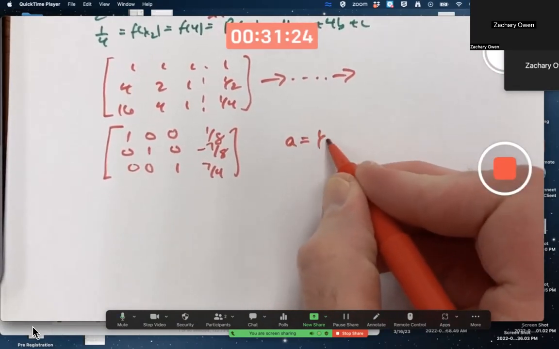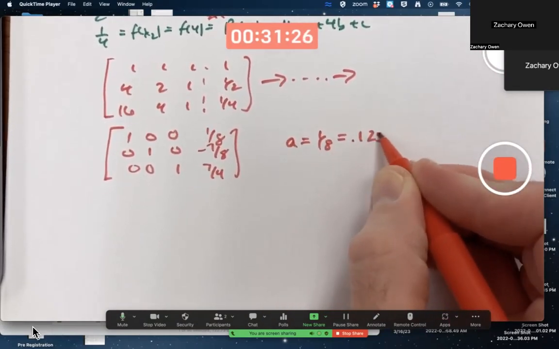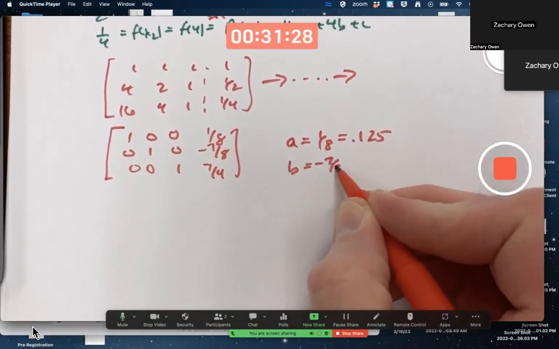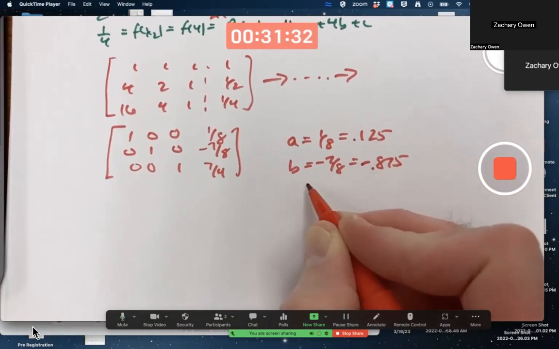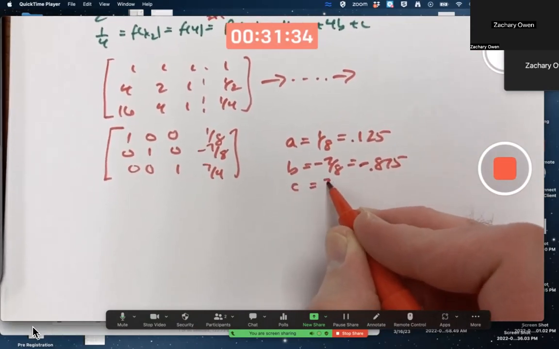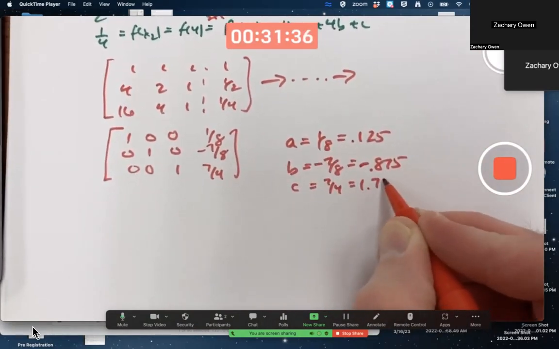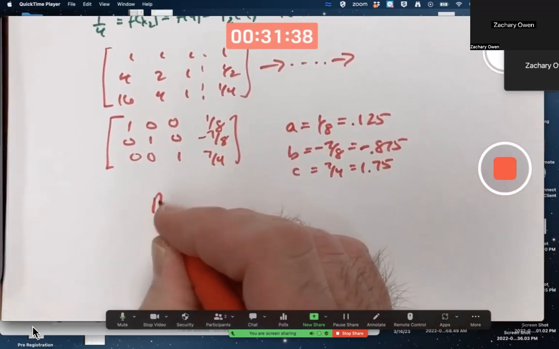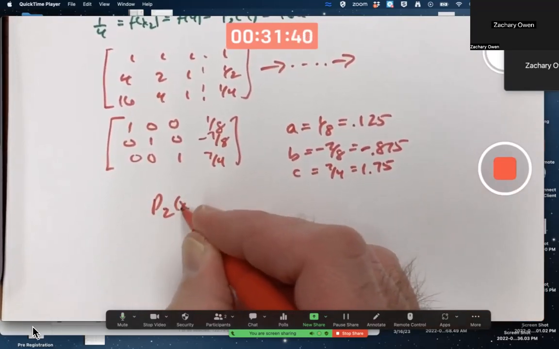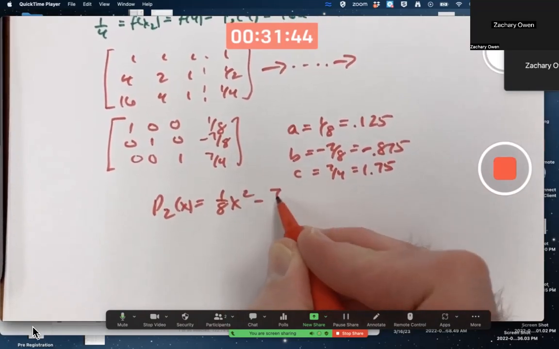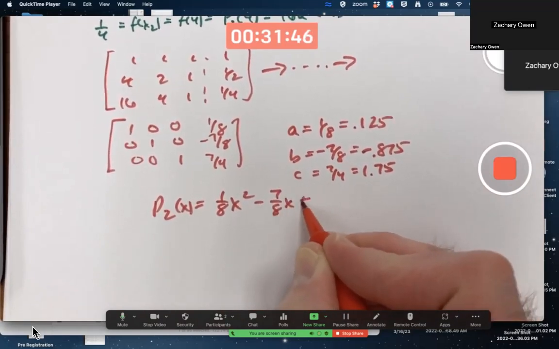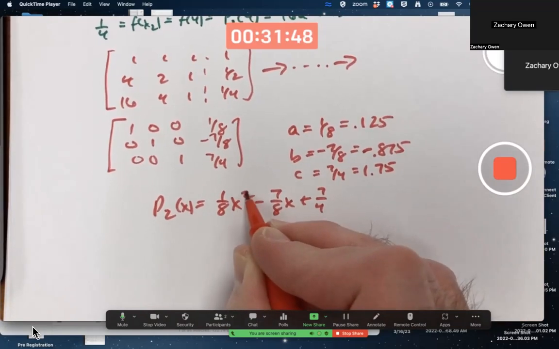A is 1/8, 0.125, B is -7/8, -0.875, and C is 7/4, 1.75. So, in other words, P2 of x is 1/8 x squared minus 7/8 x plus 7/4.